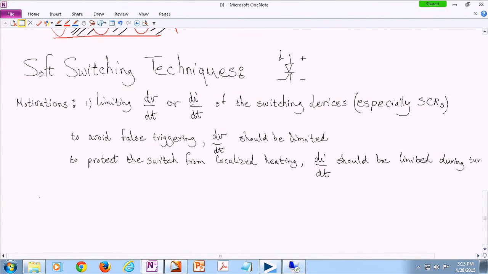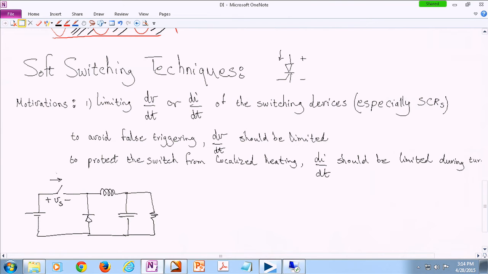So for instance, you have this very simple buck topology. Okay, and you're monitoring the voltage of the switch as well as the current of the switch.